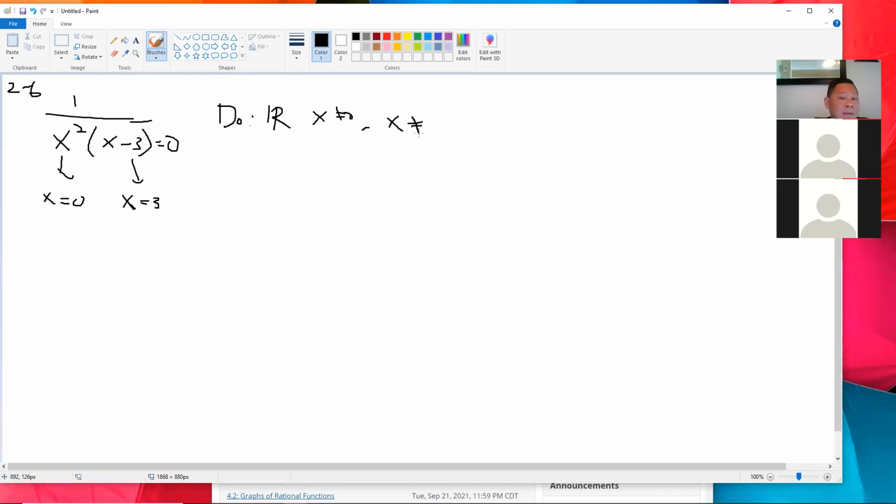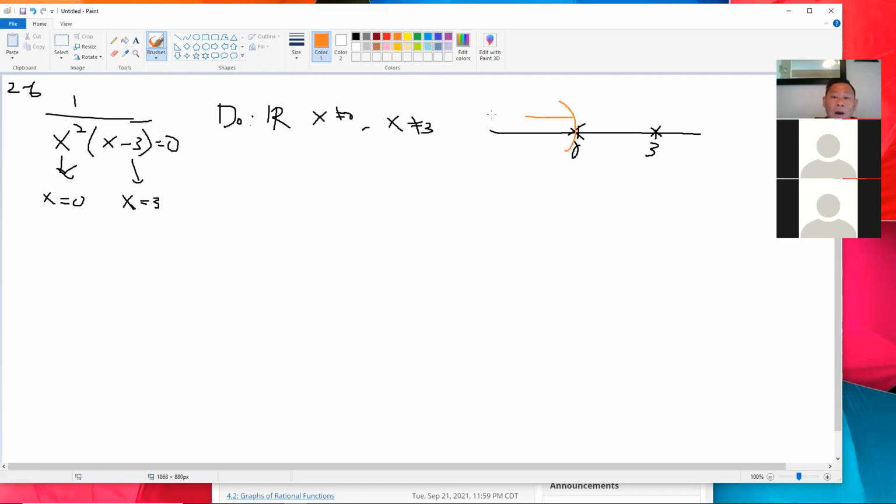This is the answer you will get. This is correct. But how do you write this in interval notation? It's every number, but you cannot have 0 and you cannot have 3. So your interval notation will have 3 pieces.